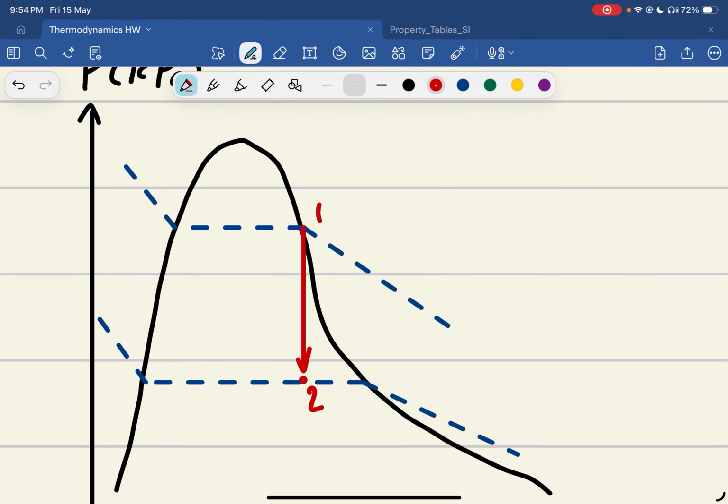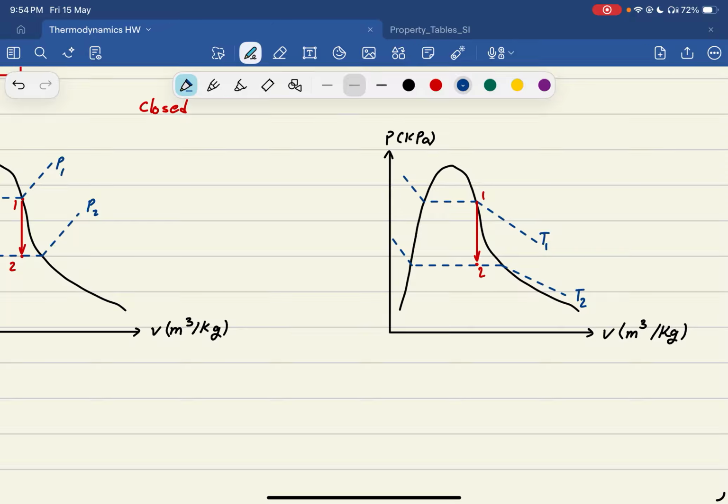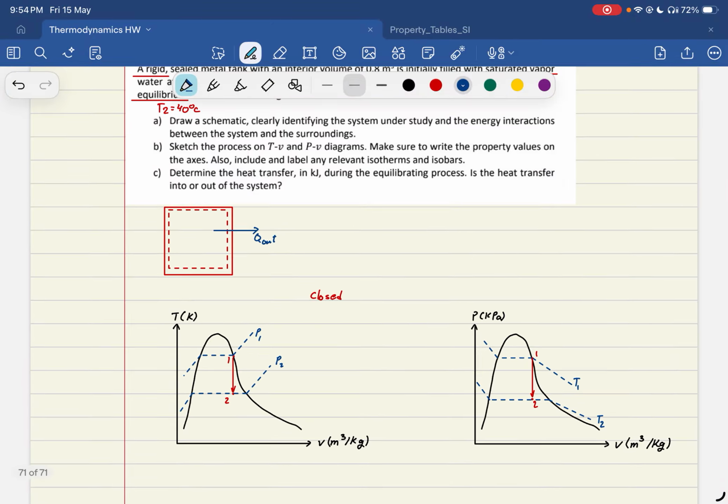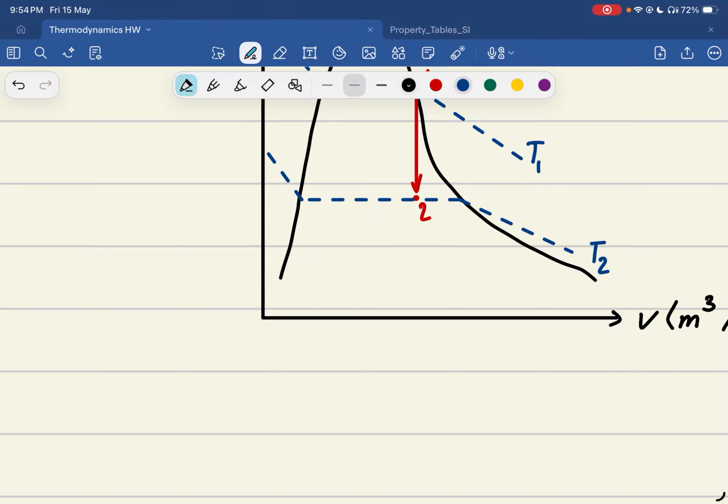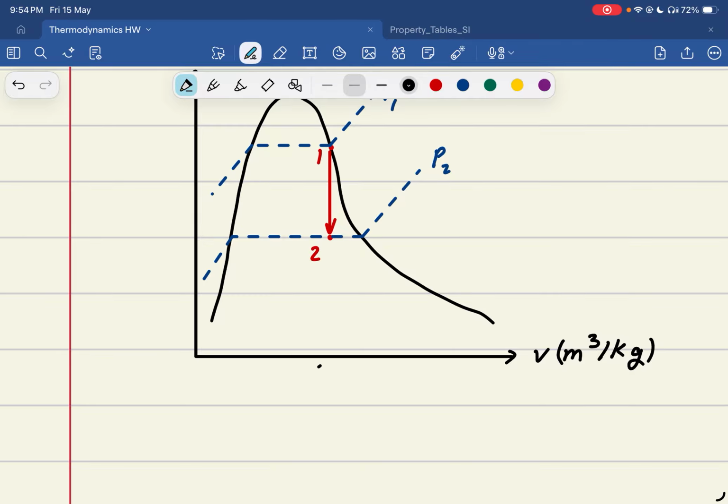State 1, state 2, T1, T2, and then we label this V1, V2, and this V1, V2.